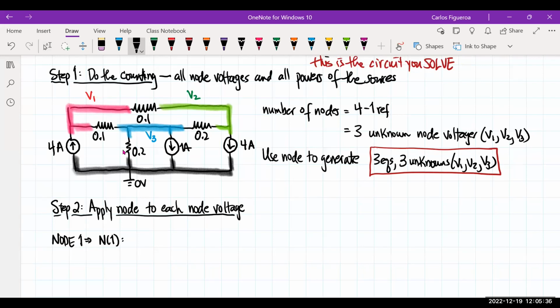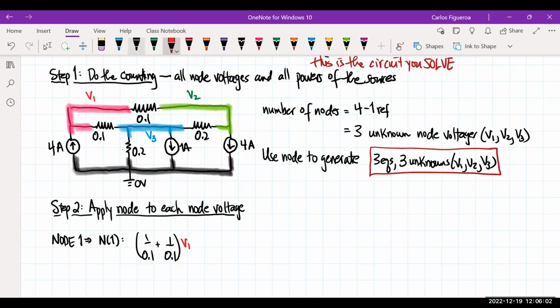I focus on the red node and ask how many resistors are connected to the node. We see that there are 2, so there are 2 connected resistors to the red node, and that gives me my node V1 voltage right there. Then I have to subtract the mutual. You can see there's a green connected to the red and a blue connected to the red.